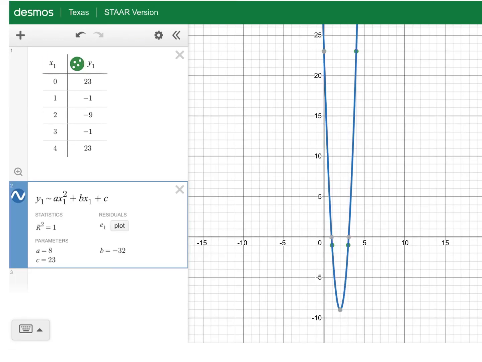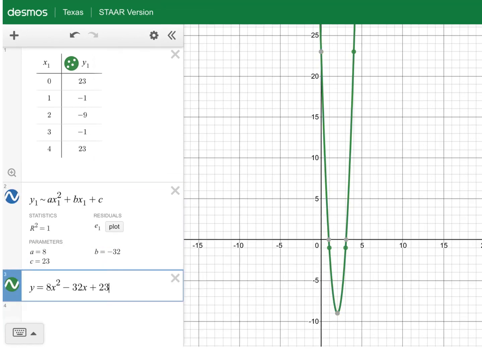So once you put in that regression equation, you're going to get all of the parameters right down here. So now we know what to plug in for A, B, and C into the new line. All right, so I plugged them in here. I plugged in our equation y equals 8x squared minus 32x plus 23.